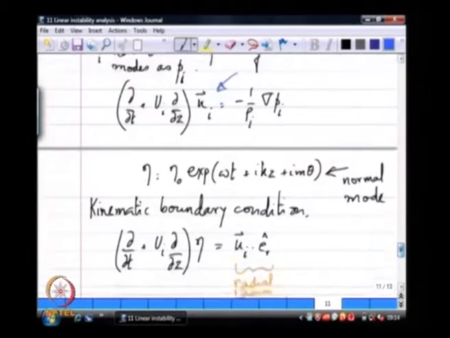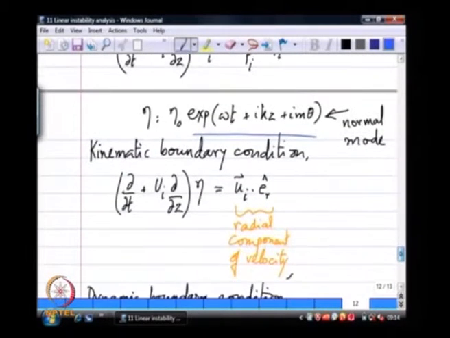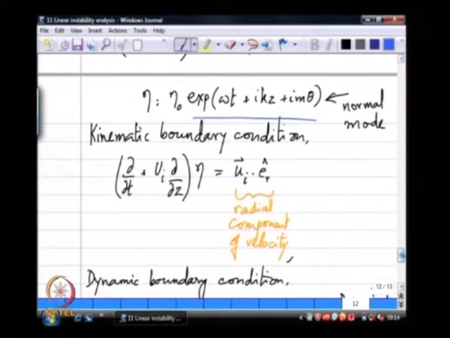We can also find that any surface perturbation, the cylindrical interface perturbation, also has to be of the same eigen mode form. Now we need to formulate a set of boundary conditions to complete this eigenvalue problem. The first set of boundary conditions that we wrote down are what we called the kinematic boundary conditions.